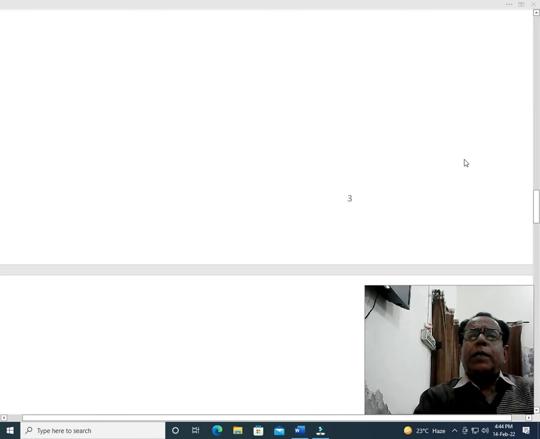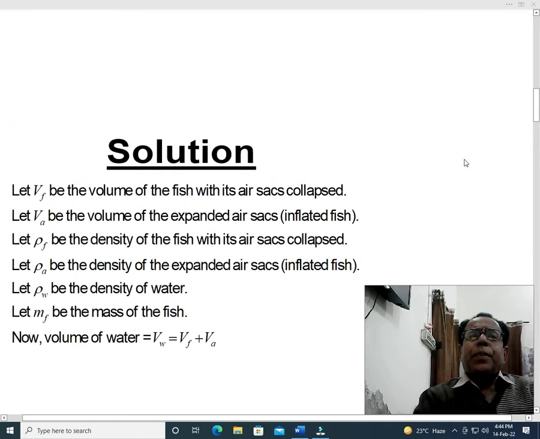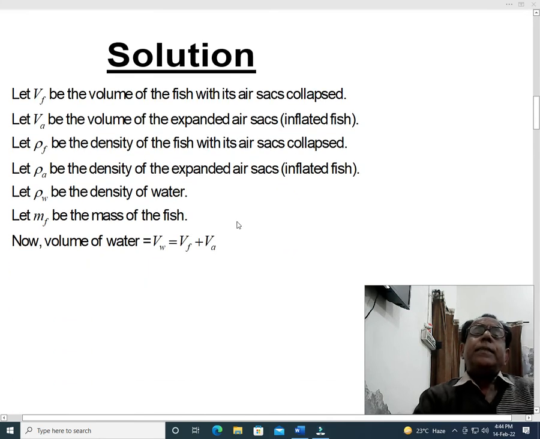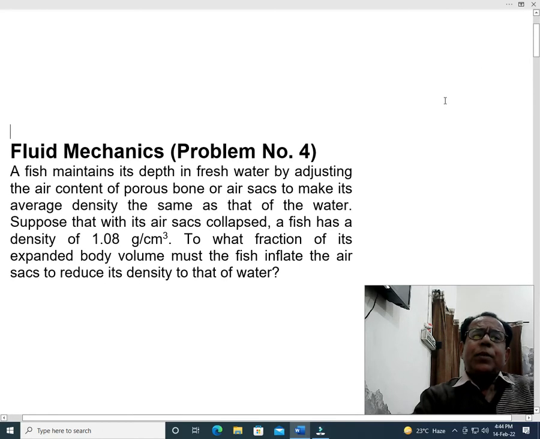Now we come towards its solution. Dear students, while solving this problem, we first make several notations.